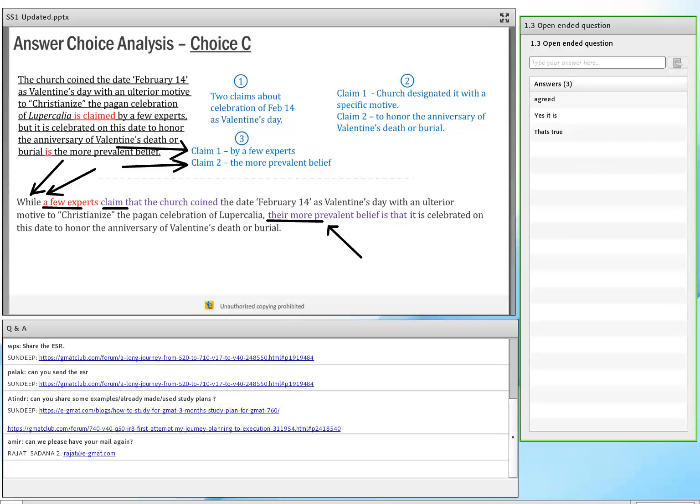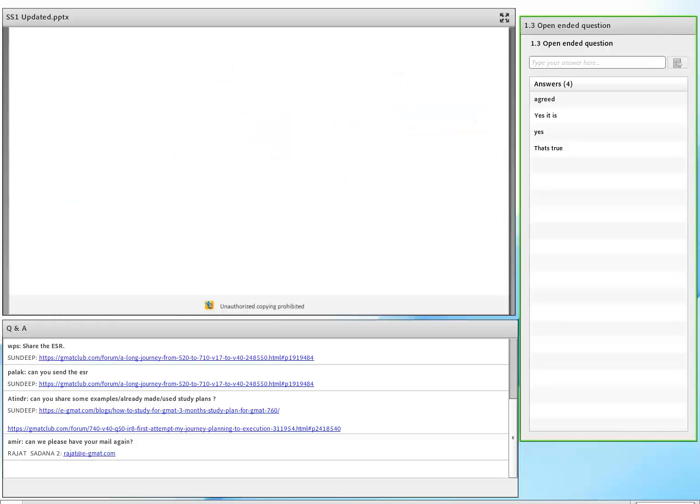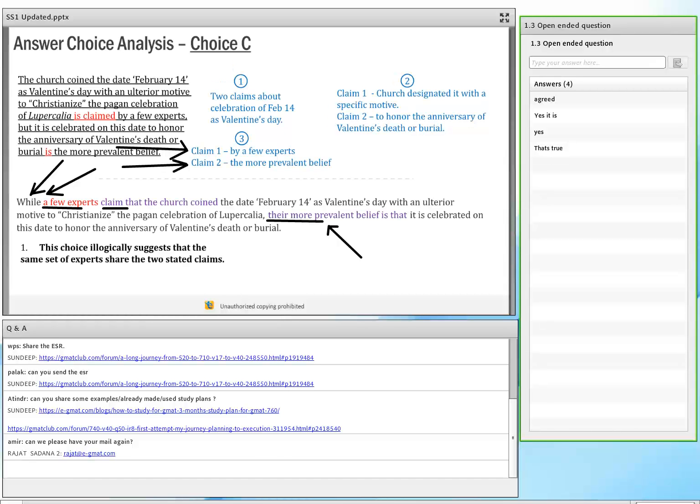When I say those 200 concepts, this contrast piece is a concept. It's not a grammar rule. That's part of those 200 concepts that's coming in over here. This choice, 50% of you chose that. It illogically suggests that the same set of experts share the two stated claims. You should have seen that if you truly understood that meaning piece.